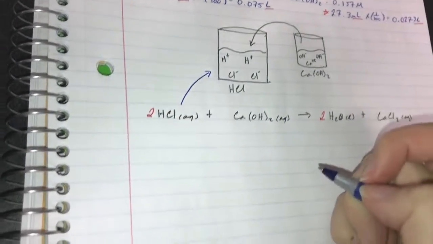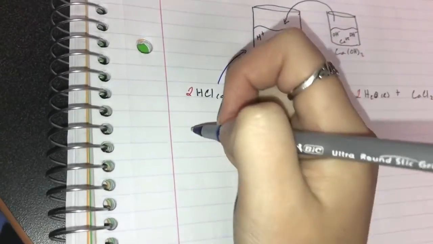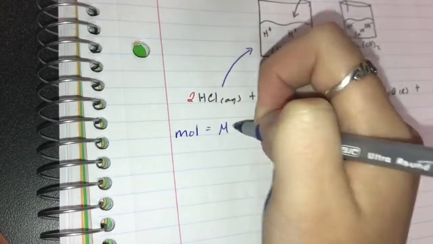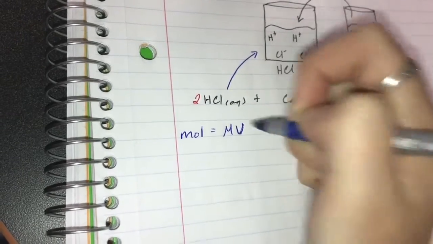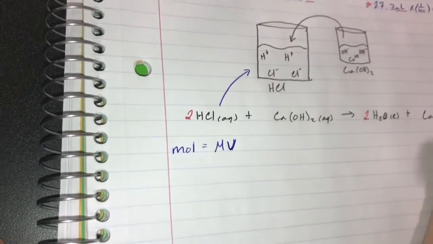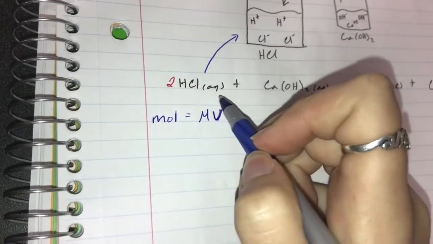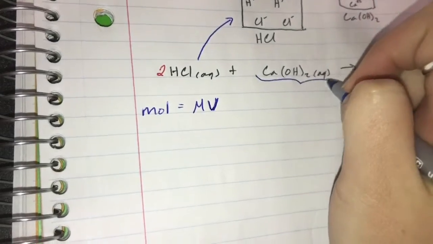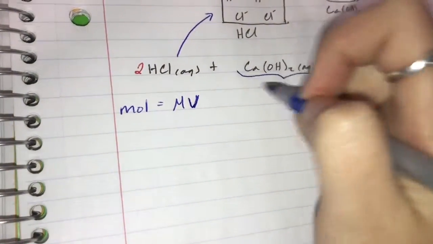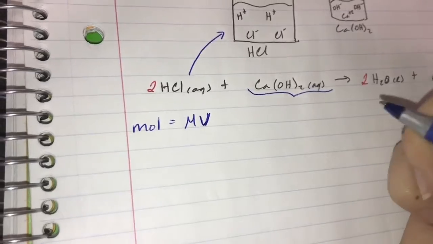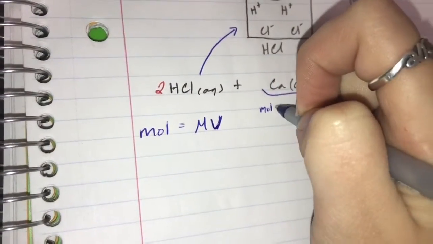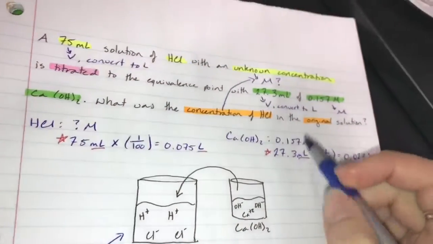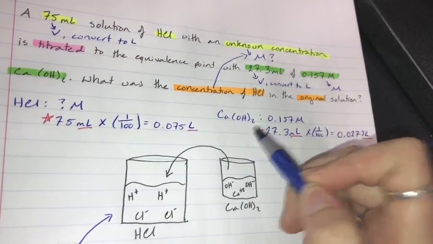How we do that is we're going to use the equation we know of moles equals molarity times volume, or concentration times volume. Now we don't know the moles of hydrochloric acid we have, but we do know, or can find out, the moles of calcium hydroxide we have. Because this can be molarity times volume, and we have the molarity and volume for calcium hydroxide.